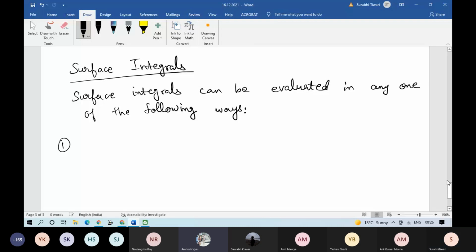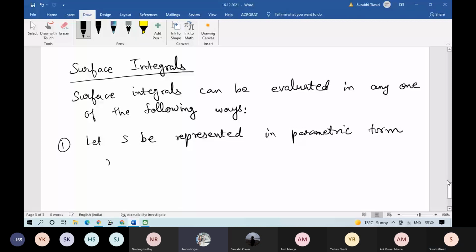Let S be represented, this is the surface over which we have to calculate the integral, represented in parametric form.